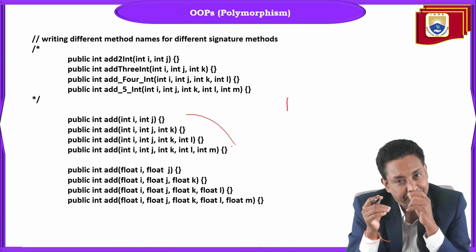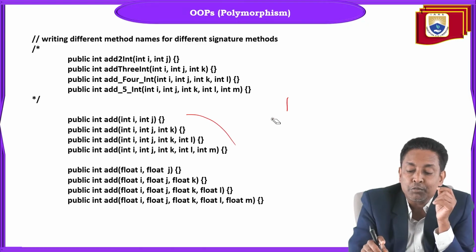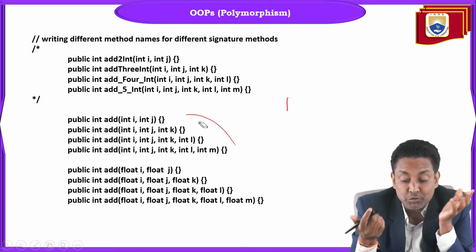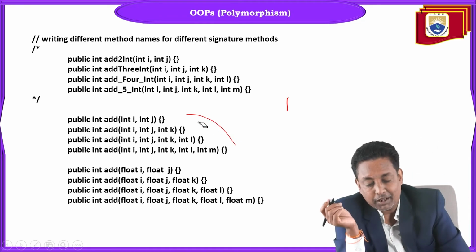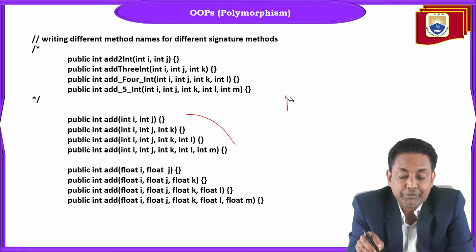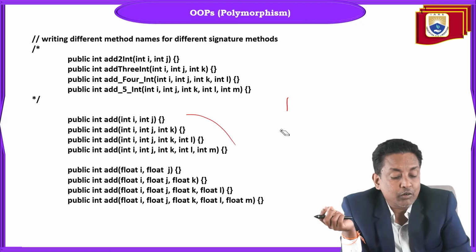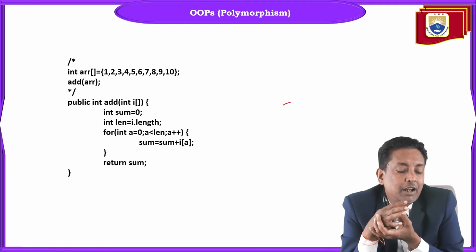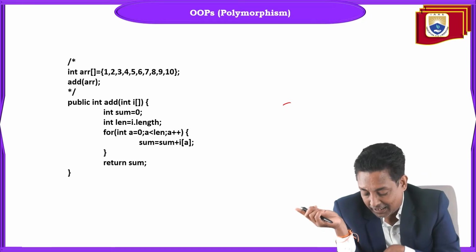Doing too much overloading also leads to complication of the program. A developer cannot write that many methods. It is hard to write that many methods, right? People will laugh if you write that many methods. So the best answer is to write the add method with an int array as a parameter.